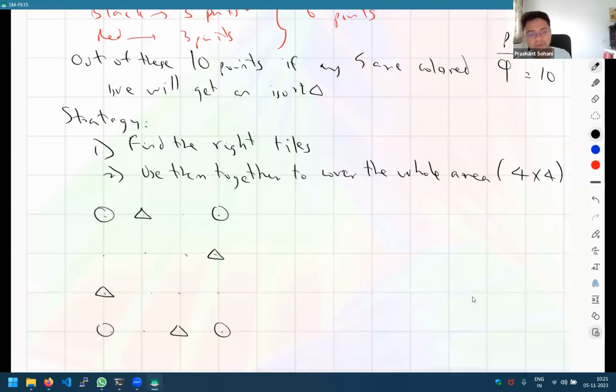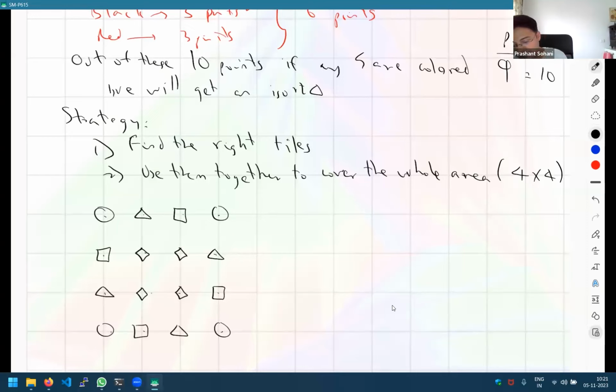These triangles will form the second tile, and this will form the third tile. And so I'm dividing the 4x4 board into 4 tiles of 4 points each. And the key thing is that each of them is forming a square.